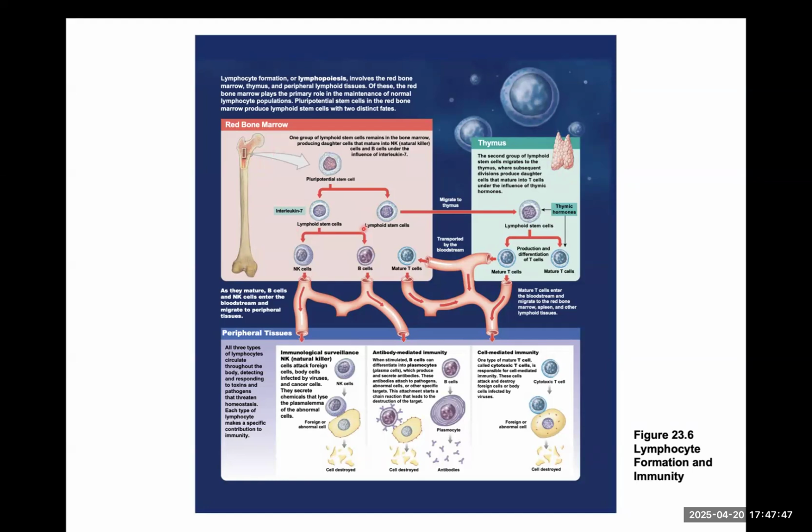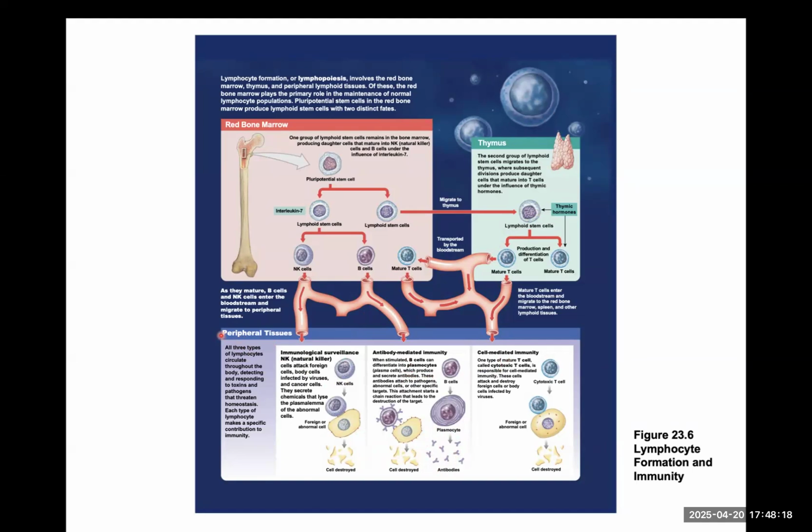They're maturing in the bone marrow along with the NK cells, and they're going to produce the antibodies that are going to attack the antigens. So that's your humoral or antibody-mediated response, and then you have your cell-mediated response, which is the T cells. So that's cell-mediated, that's antibody-mediated. You're getting these antibodies produced.